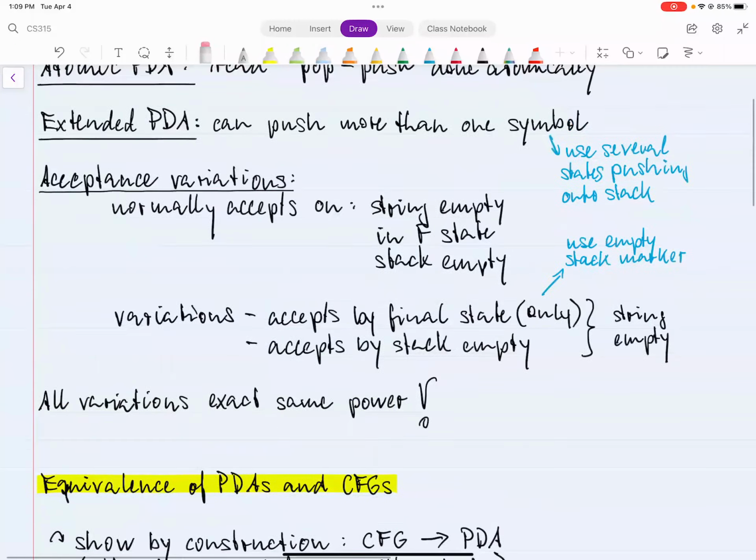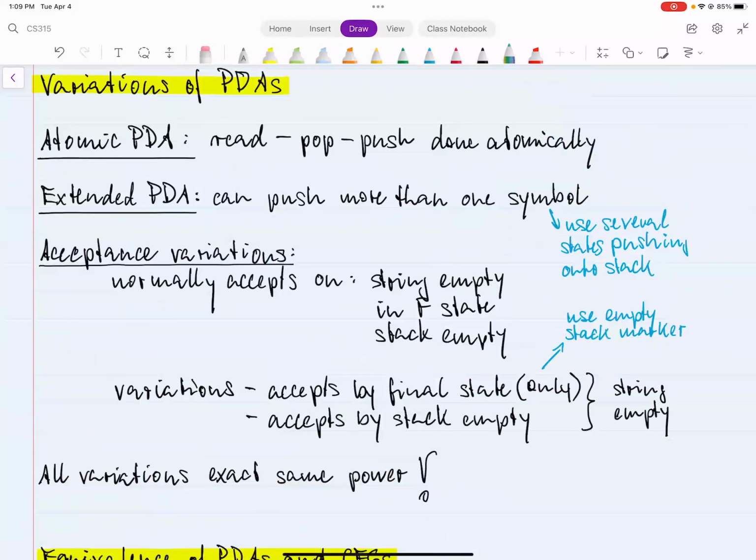The only reason we want to do it is probably the extended PDA. I encourage you to make use of that when it comes to the midterm and the final, because the convenience is really cool, okay? The convenience to push several symbols onto the stack makes things easier, okay? All righty.